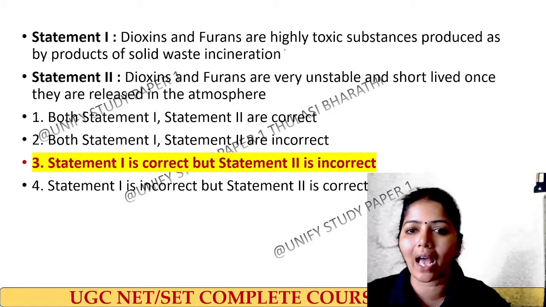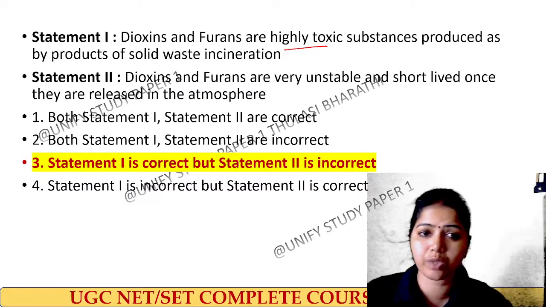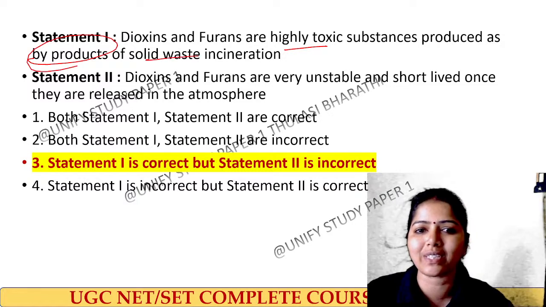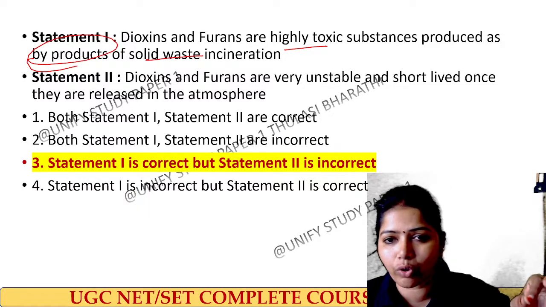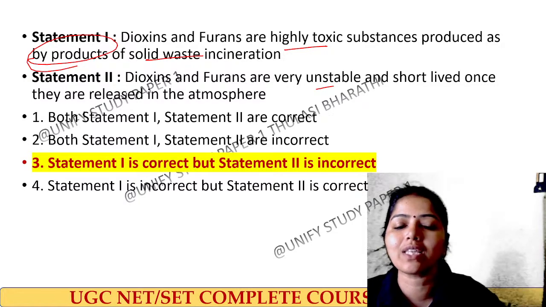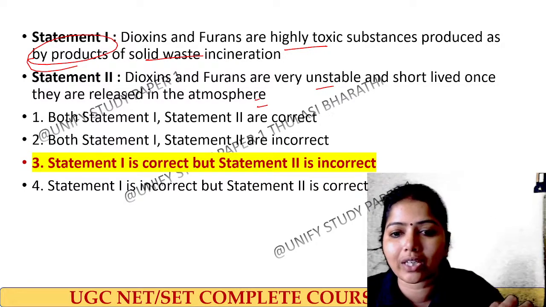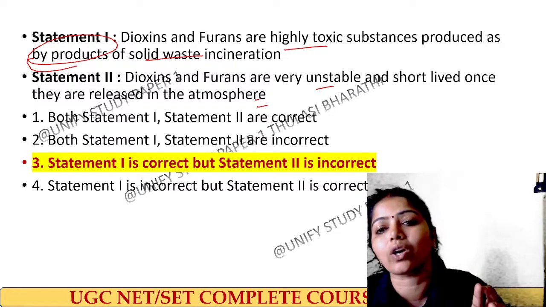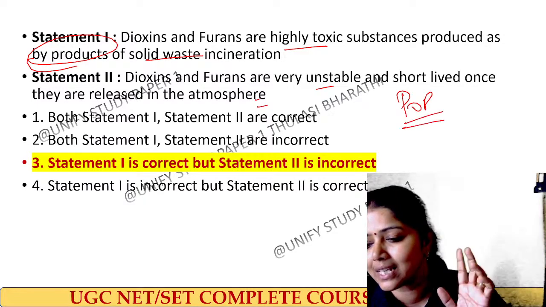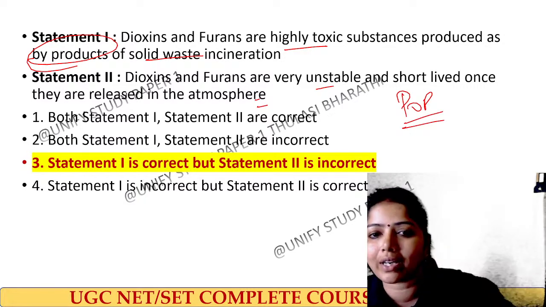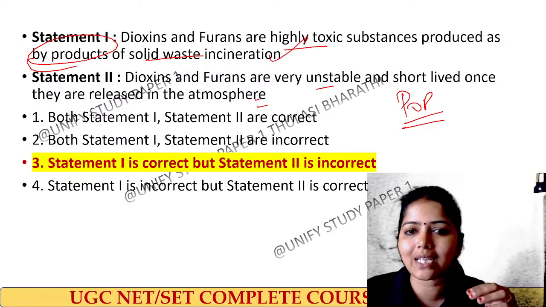Dioxins and furans are highly toxic substances produced as byproducts of solid waste incineration. The statement that dioxins and furans are very unstable and short-lived once released in the atmosphere is incorrect, because they are POPs, persistent organic pollutants. They are long-lived. So the first statement is right and the second one is wrong.